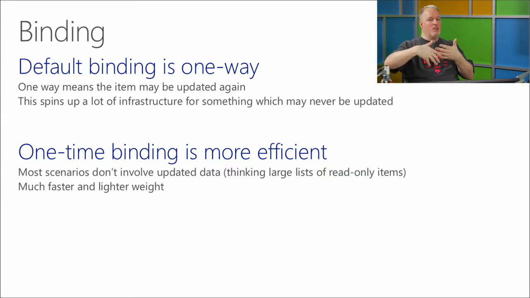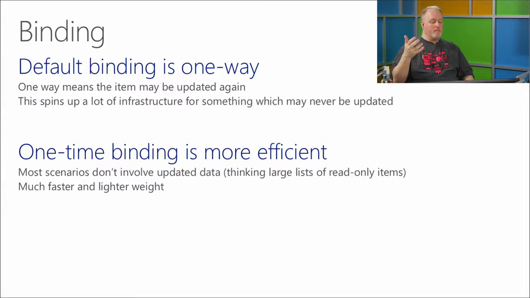And there's a cost associated with starting that up and building that infrastructure out. So one way means that the item may be updated again. But for most apps, you get the data out there, and a lot of times it's not updated again. A lot of the data is pretty static for that run of the application or for the lifetime of that screen.